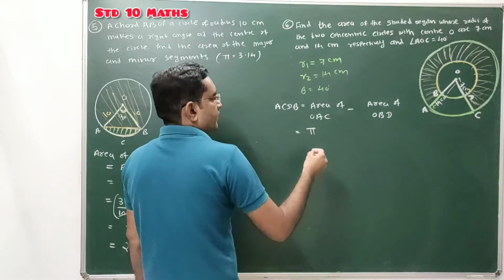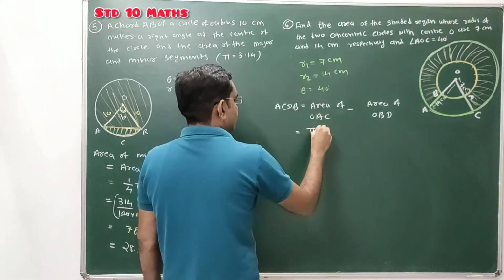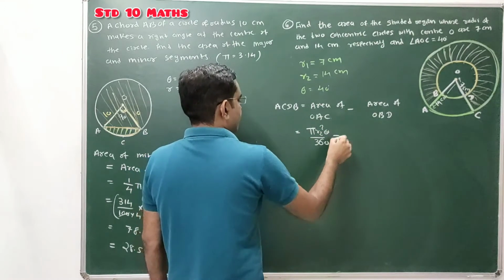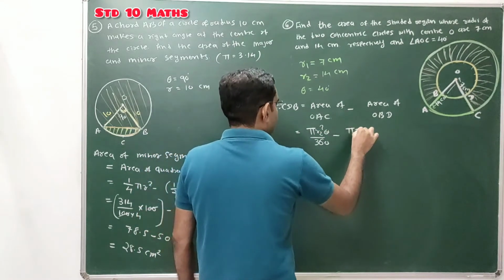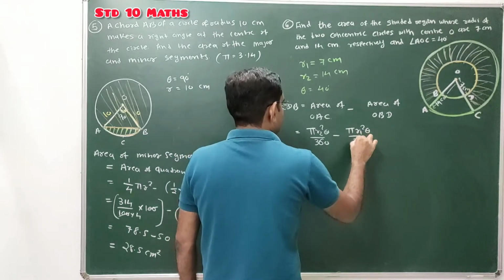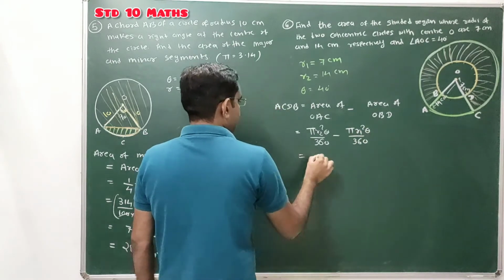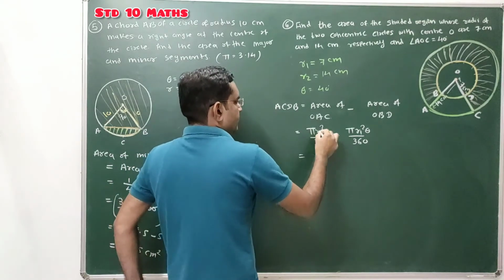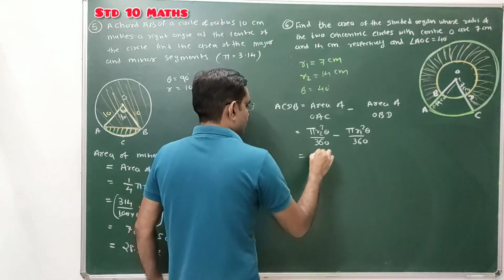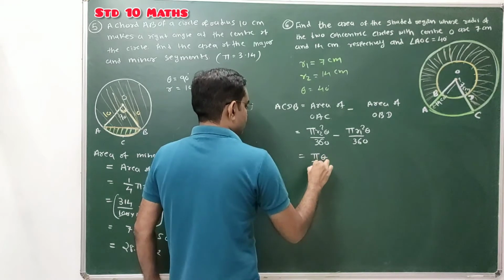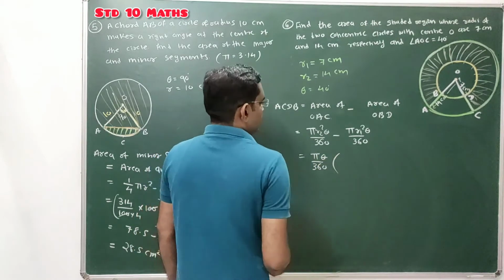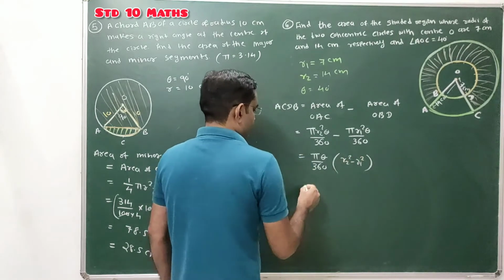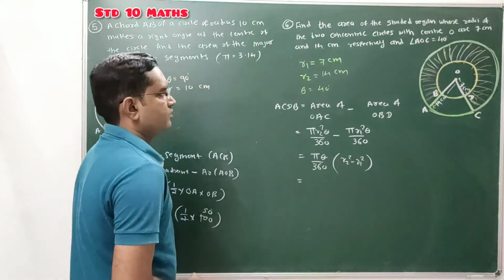The outer radius is R2, so it's pi R2 square theta by 360 degree minus pi R1 square theta by 360 degree. So here we can take pi common, pi theta by 360 common, R2 square minus R1 square. Put the values.